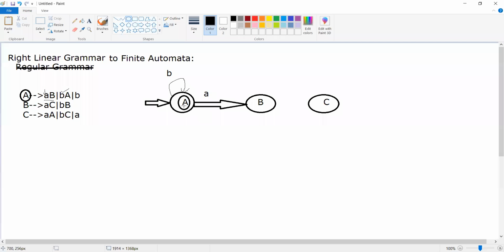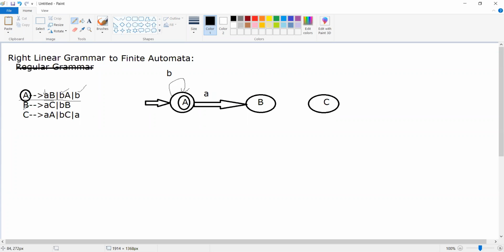From this you can observe, when you convert this automata that we have constructed into the grammar, we will get productions like A derives small a capital B, and small b capital A, and then as A itself is a final state, we will get the small b. This is how we have finished the conversion of the first production into the corresponding automata.